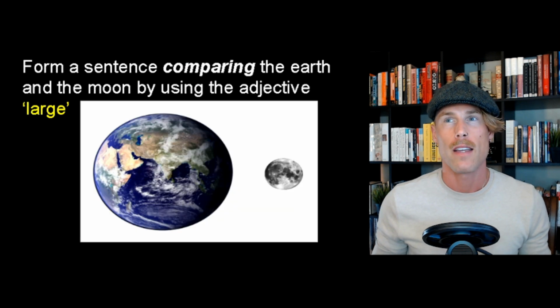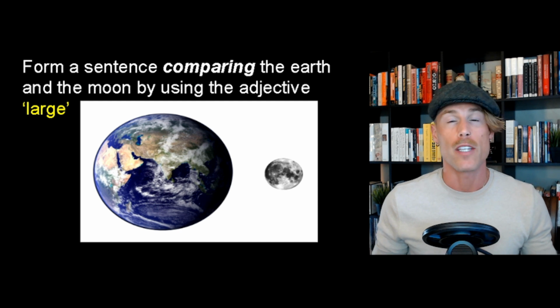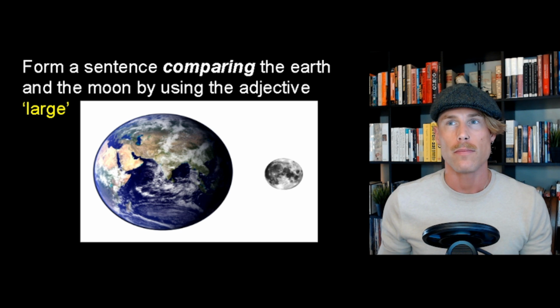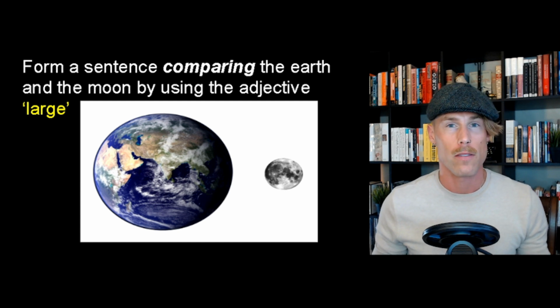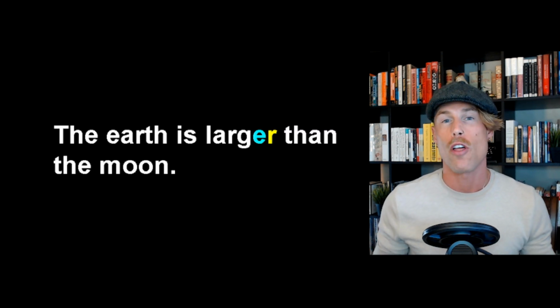Okay, I want you to think about a sentence. Form a sentence comparing the Earth and the moon by using the adjective large. So, the Earth is larger than the moon.